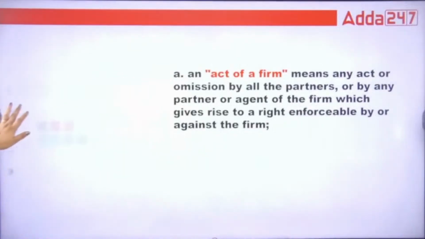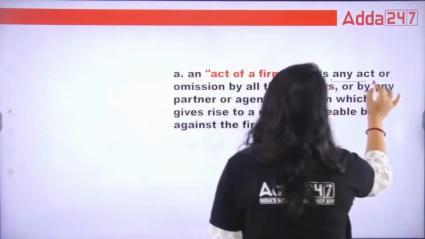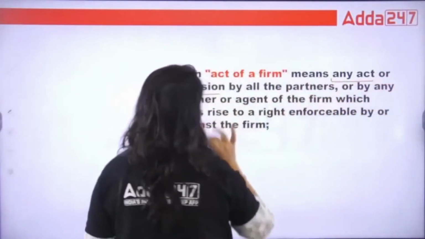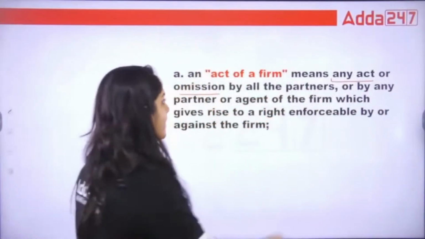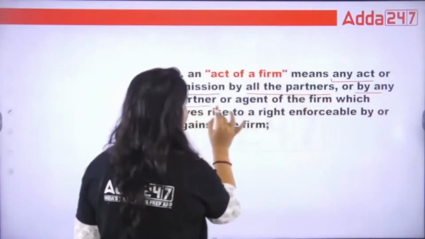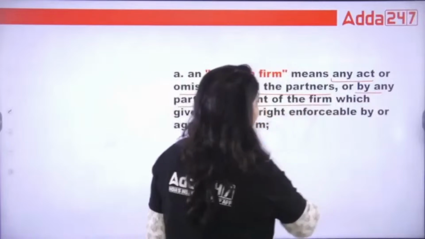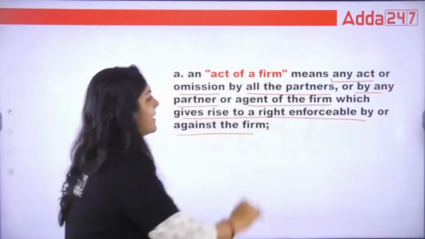So what is the act of the firm? The act of the firm means any act or omission. Act means to do; omission means not to do. By all the partners or by any partner or agent of the firm, which gives rise to a right enforceable by and against the firm.